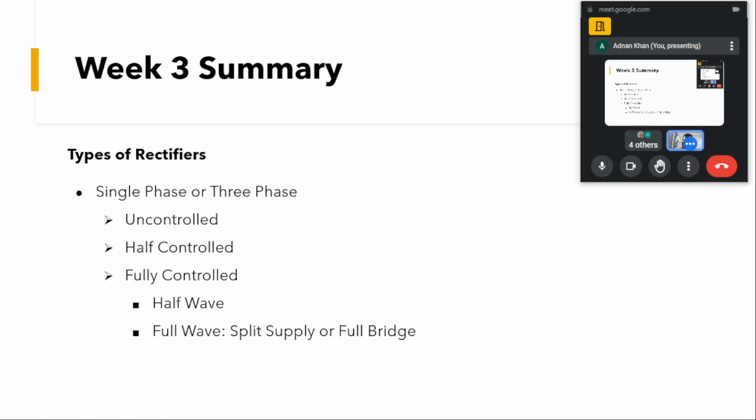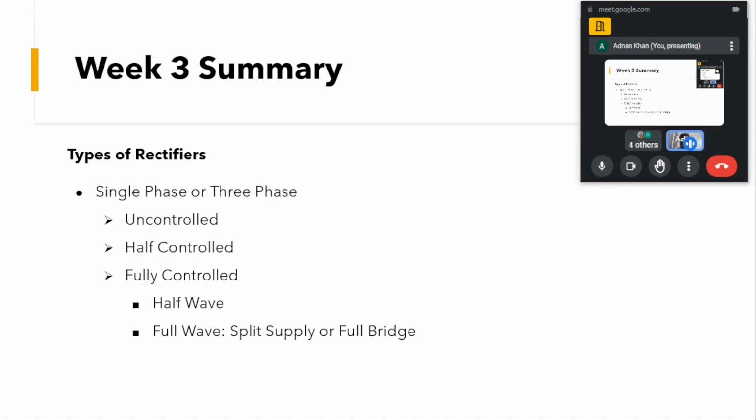As you know, talking about uncontrolled rectifiers, be it single phase or three phase, you can understand by the name that we are using uncontrolled devices like diodes, because we don't have any control over their turning on and turning off. They are turned on and off according to the circuitry: how the voltage is applied or the current flows, whether the diode gets forward biased and conducts or not.